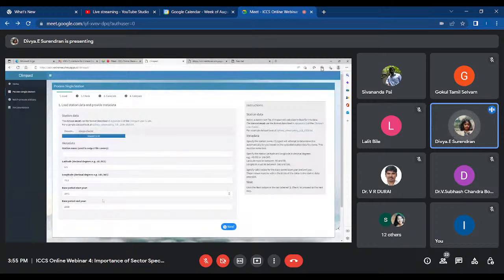The base period represents the period based on which you want to calculate the climatology. WMO recommends a minimum of 30 years of data. Even if it is less than 30 years, the software will take it, but for a climatological analysis, to understand the climatology of a particular region, a minimum of 30 years of data is recommended. So here I am giving 1971 to 2000 only.